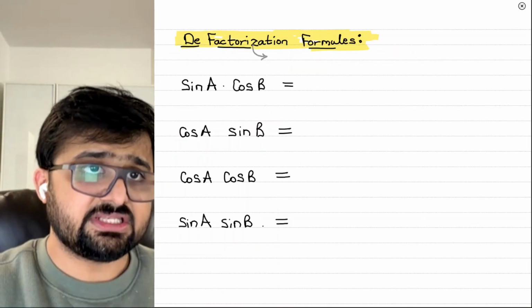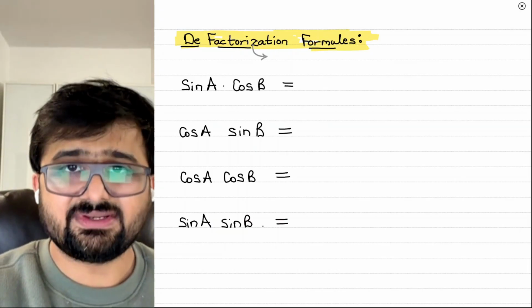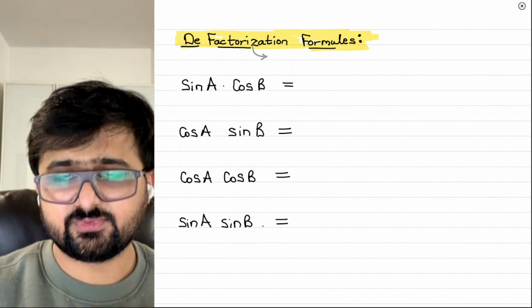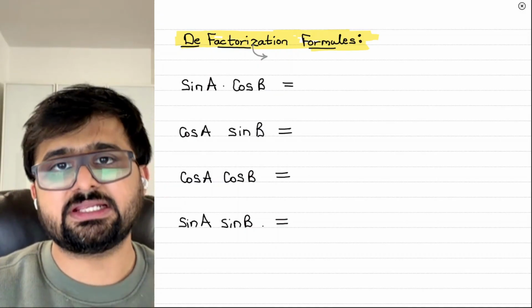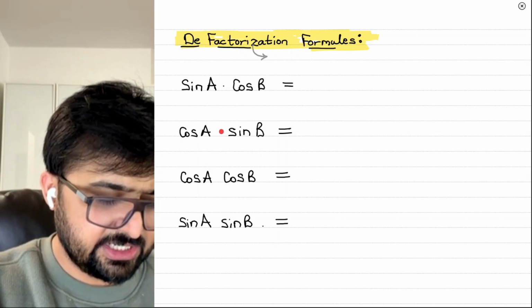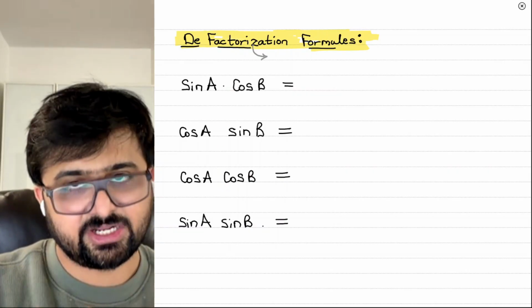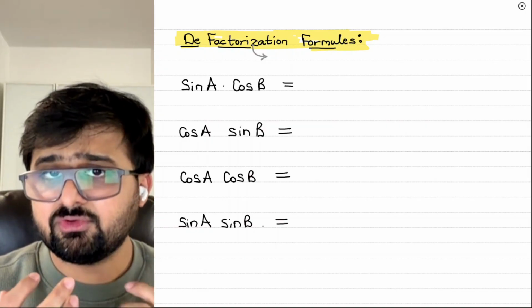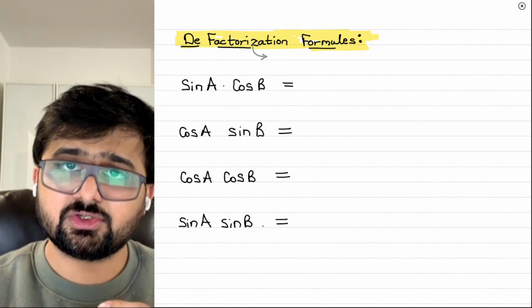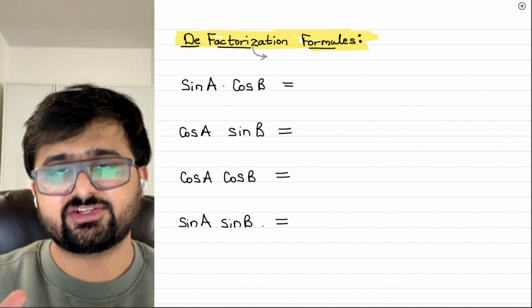Now, the last set of formulas that we want to see are the defactorization formulas. Defactorization formulas are the formulas where you convert a product into either addition or subtraction. Now, why would I do that? In integration, it is relatively difficult to integrate a product rather than an addition or subtraction.